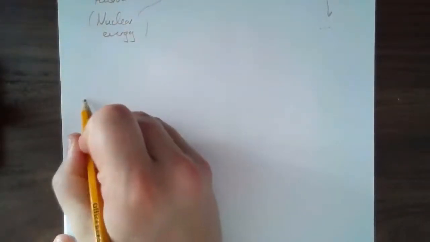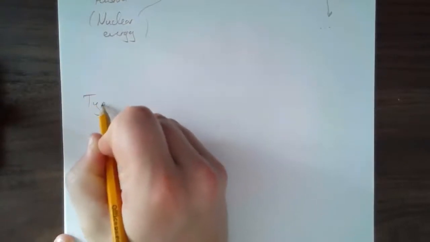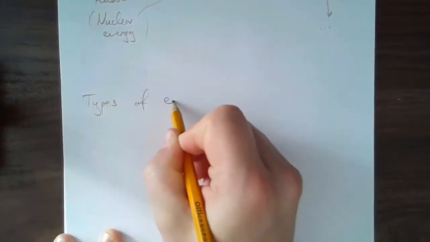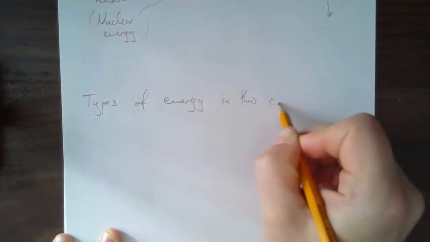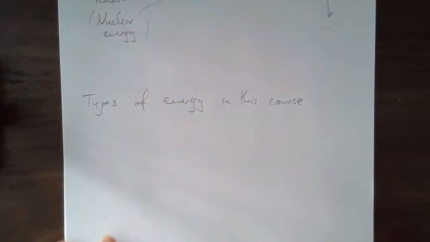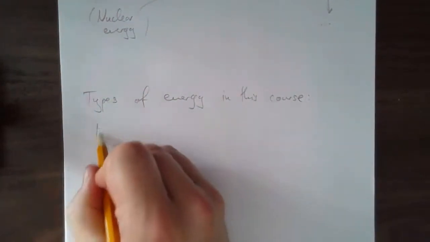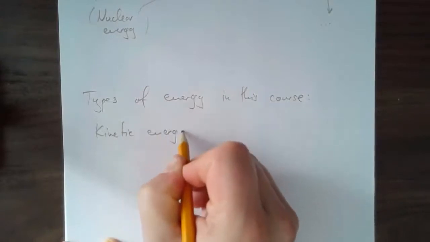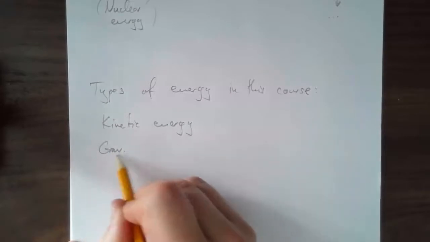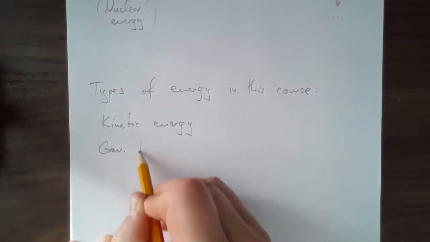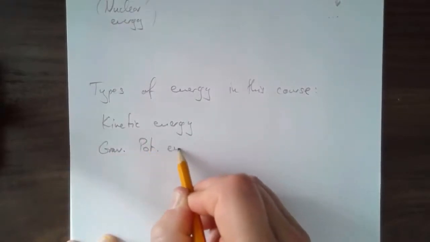So what types of energy are we going to be looking at? Types of energy in this course. What types are we actually going to do calculations with? Well, kinetic energy is important. And we're looking at gravitational potential energy.